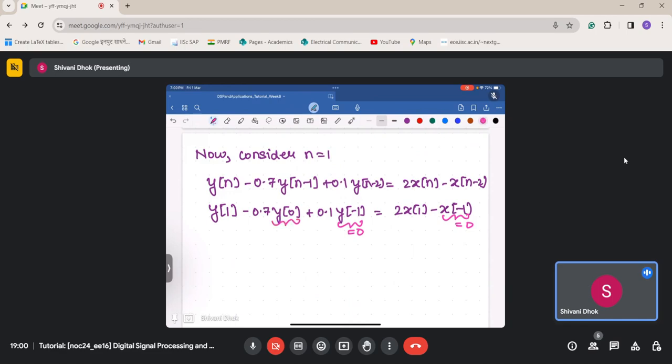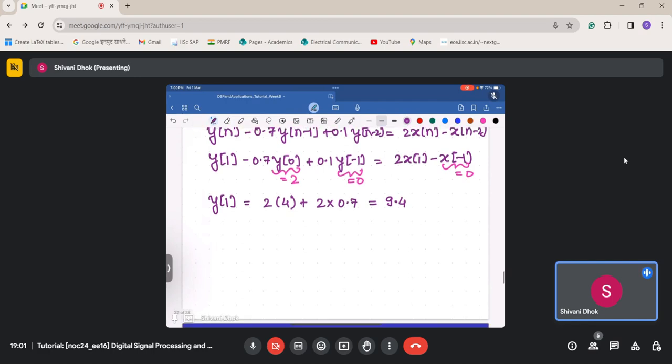This y of 1 we don't know. So y of 1 is equal to 2 times 4 plus 2 into 0.7, which comes out to be 9.4. So this is the value of y of 1 that we are having.